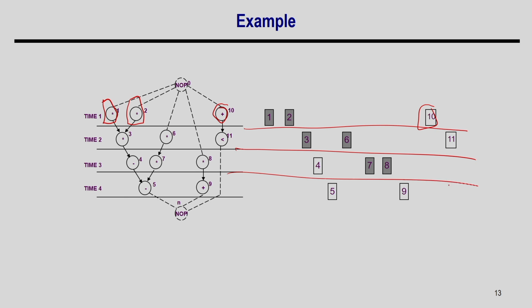Now I can consider these as the intervals, and you can see here that 1 and 2 are conflicting with each other and their intervals are overlapping. 1 and 3 are not conflicting with each other, and their intervals are not overlapping.